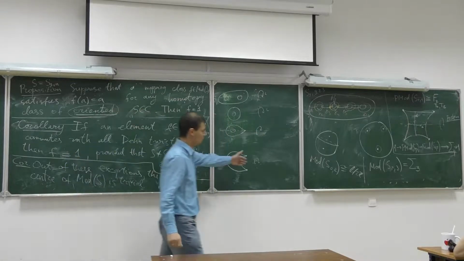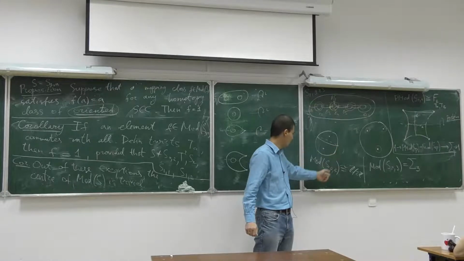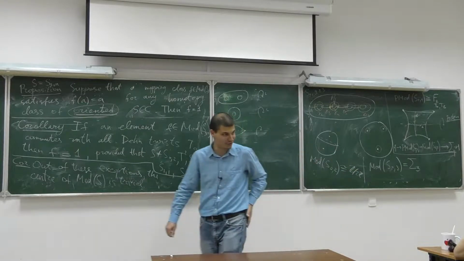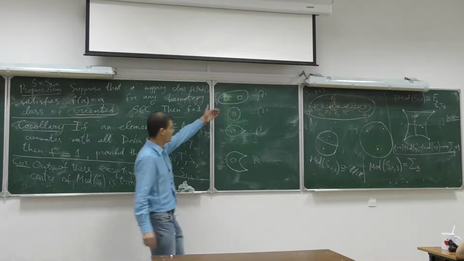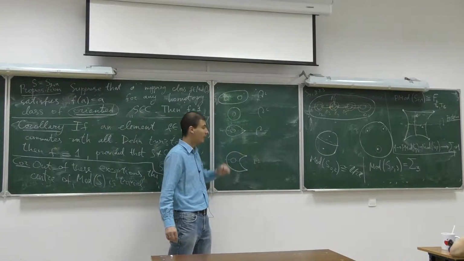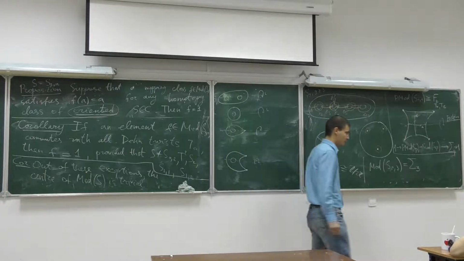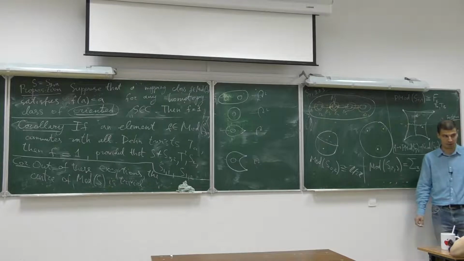Yes, the two punctured sphere is a very non-trivial case. The mapping class group is just Z over 2Z, and the center is this Z over 2Z also. So we have to discuss only these exceptions. In each of these exceptions, we immediately see that the center cannot be greater than Z over 2Z.